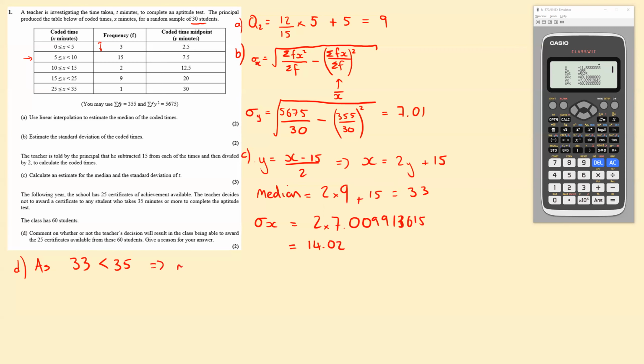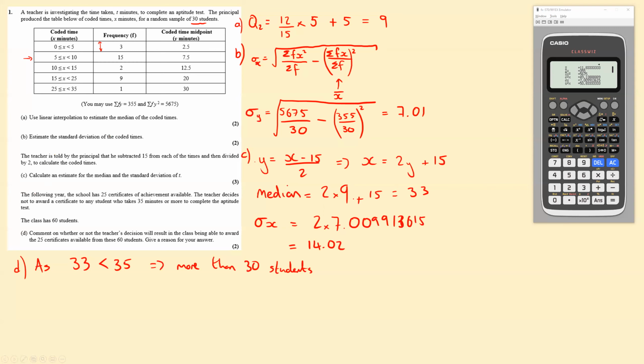This implies that more than 30 students will complete in that time. It's actually more than 30 students as well, I'll get onto that in just a second. So we've got more than 30 students are going to complete this. So that'll mean that he's not got enough certificates to fill. So there's a chance that all 25 will get used and then he'll need more. So that's what we want to comment on there.